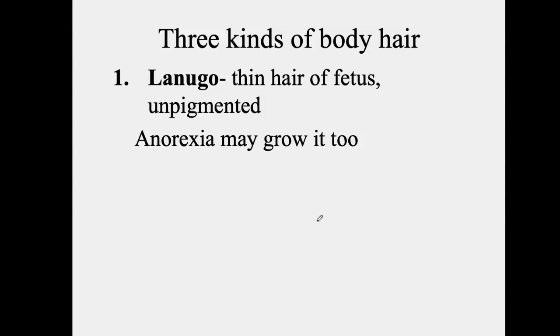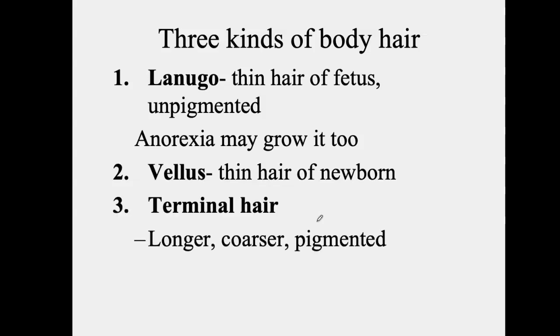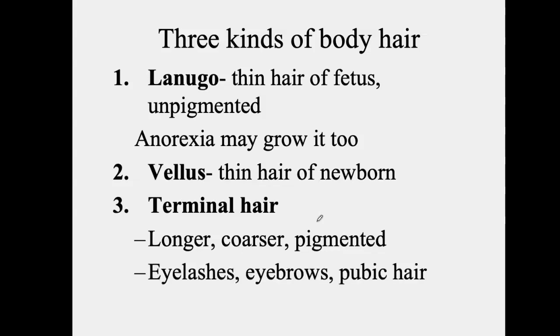So you have lanugo in the fetus, vellus, the very little thin fluff hair of the newborn, and then terminal hair, which is much longer, coarser and pigmented, and that's your adult hair. You should have gone through these three stages of hair on your body. It's also the hair of your eyelashes, eyebrows, pubic hair and all that.